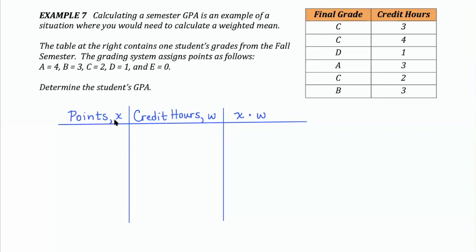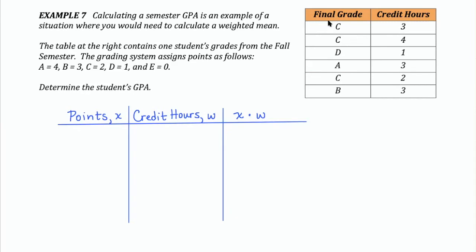I'm going to work with the numerical value for each grade. Those are my pieces of data, my X's. The credit hours indicate how much weighting should be given to each point earned, so that's my W. And in the last column, I have a column for multiplying X times W.